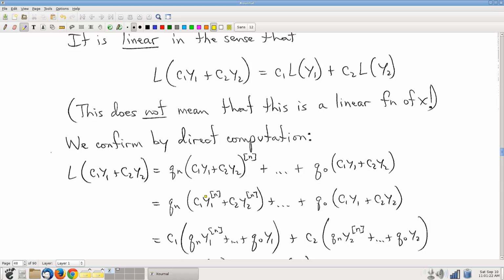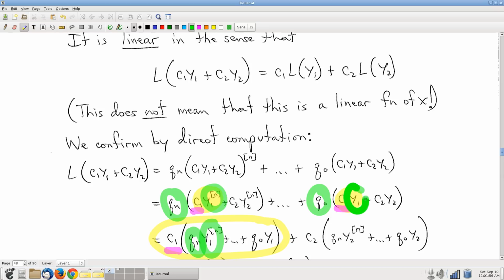Now, notice that I can take all of the y1 terms, the nth derivative of y1, there's an n-1th derivative of y1, etc. I can pull all of those terms over to there. Notice that there is a common factor of c1 in all of these terms. That comes right out. And what we're left with is coefficient times derivative, coefficient times derivative, coefficient times the 0th derivative, so likewise there.